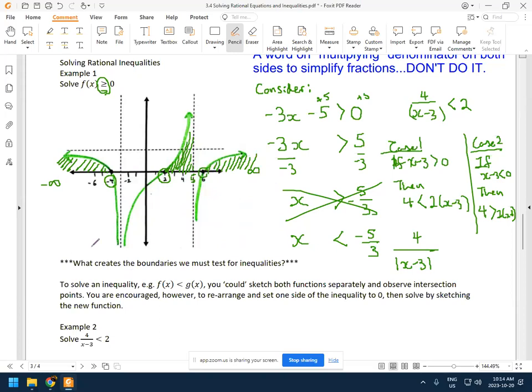So the answer for this would be f of x is greater than or equal to 0 when x belongs to, I'll do an interval: curved bracket, negative infinity, comma, -4 with a square bracket, union, square bracket 2, comma, 5 curved bracket, union, square bracket 6, comma, infinity curved bracket.